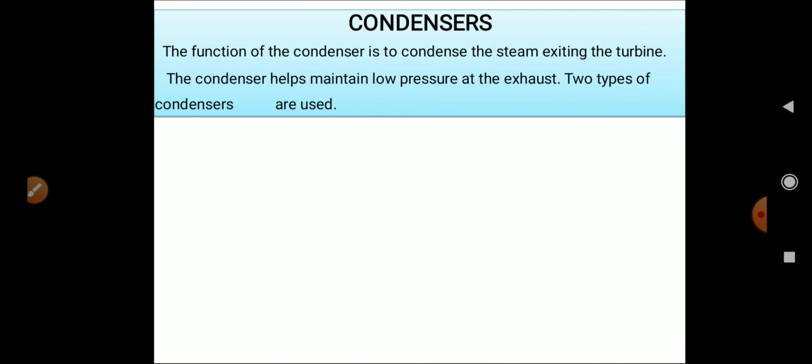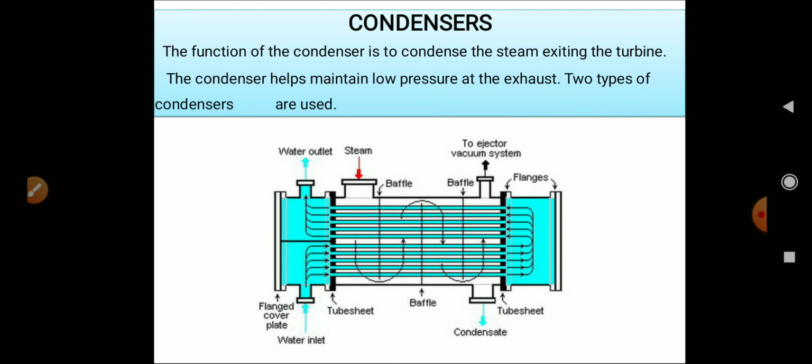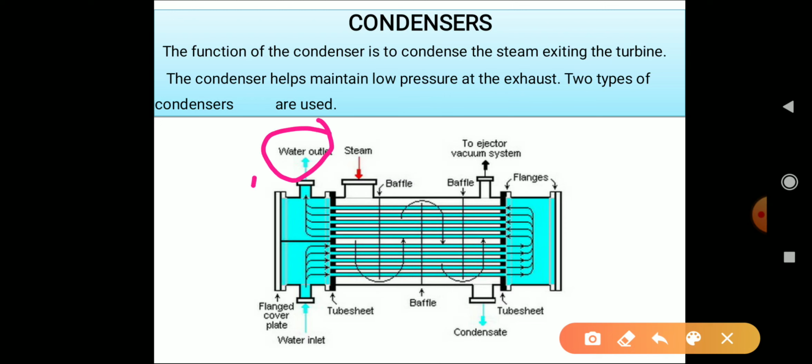Now let us go to the condenser. The function of the condenser is to condense the steam exiting the turbine. The condenser helps maintain low pressure at the exhaust, which is very much required by the system. Two types of condensers are used. This is your water outlet, water coming out from here.